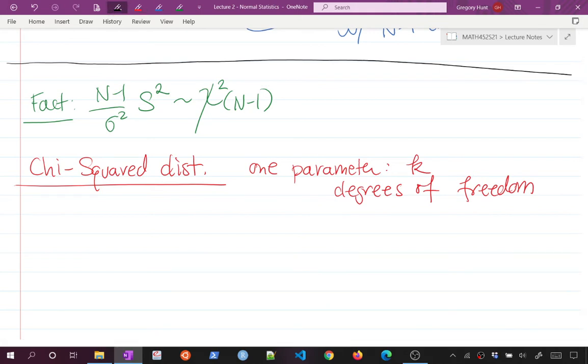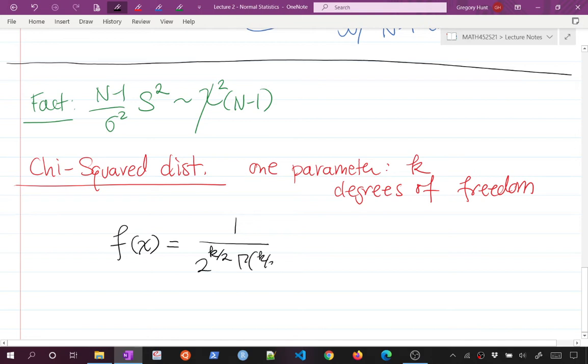The chi-squared distribution is a continuous random variable with a PDF given by 1 over 2 to the k over 2, gamma of k over 2, times x to the k over 2 minus 1, e to the negative x over 2.